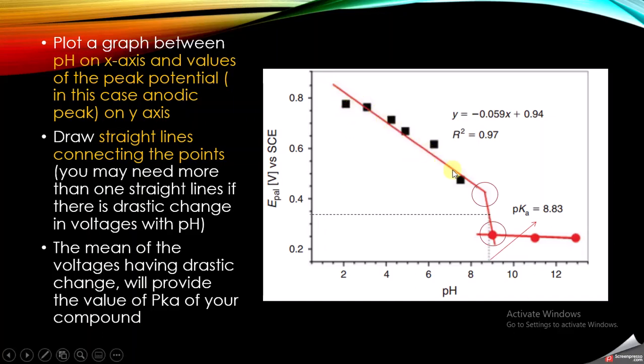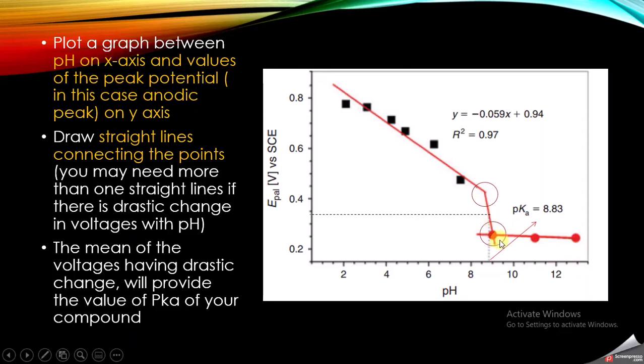Sometimes you get one straight line for the data, but in other experiments you will get two lines, or maybe more than two. Here I see one straight line connecting these black points till around before pH 8. Then there is a drastic change between these two points, and after that the peak potentials are almost constant, from around pH 9 to pH 12.